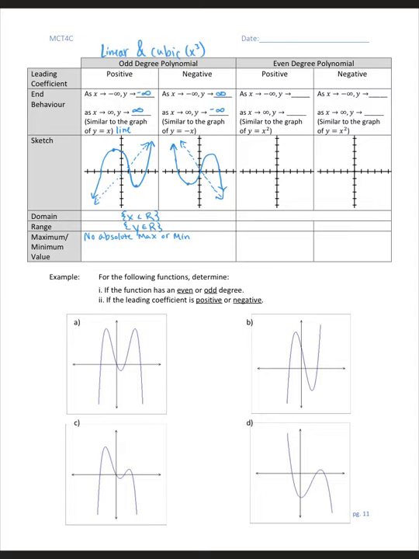Those happen basically at our turning points. Remember, a vertex in a quadratic is basically where the graph makes a turning point. So we're going to say that there are local max or mins at the turning points.